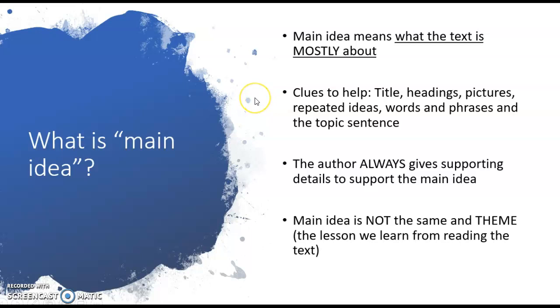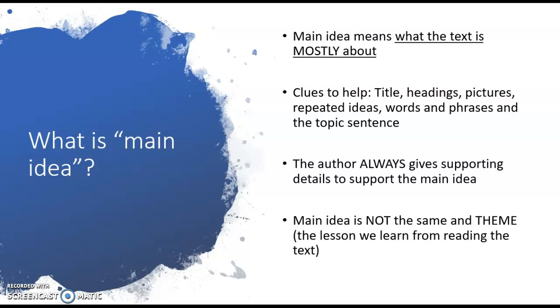So, clues that help, and this is a big one for me because I need those clues. I need to look for something that's going to help me master a concept. For main idea, when I think about how I'm going to find it, here are some clues you can use in the text to help you. You can use the title, which is a really big one. It's like the key to telling us what we're about to read about.